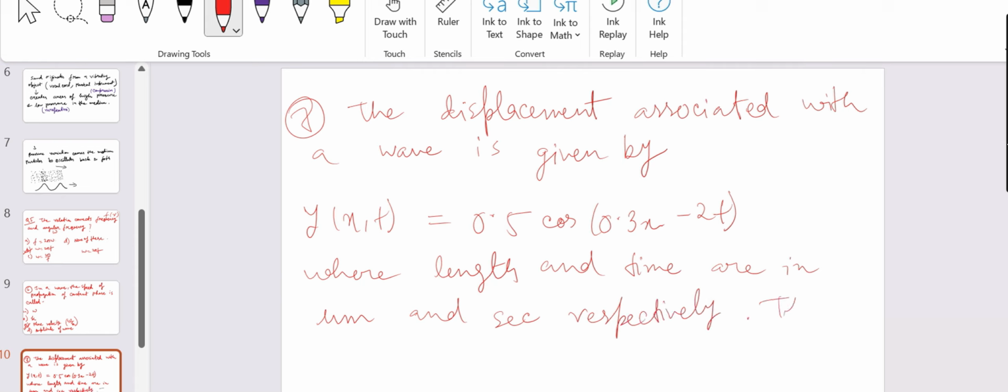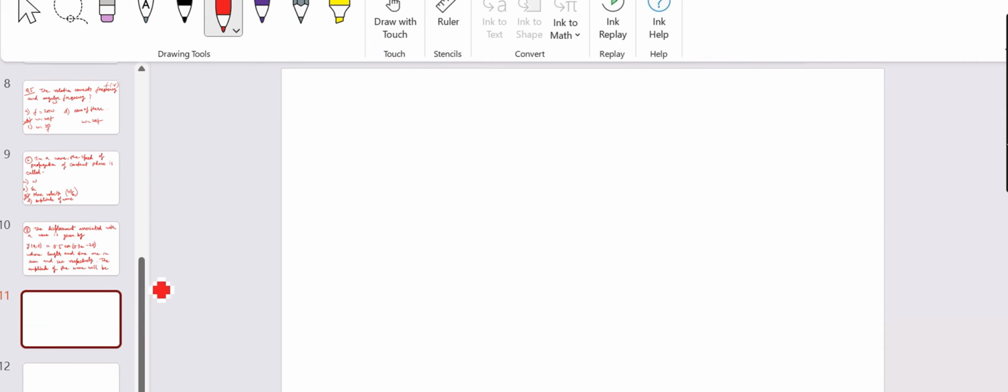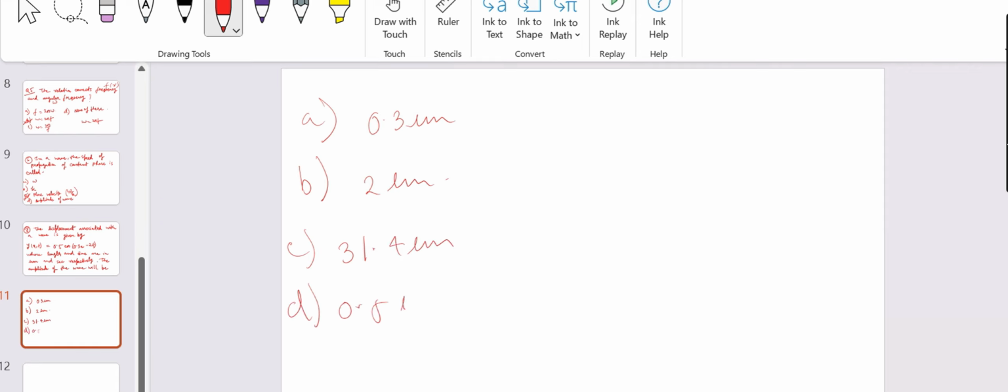The amplitude of the wave will be: option A, 0.3 micrometer; option B, 2 micrometer; option C, 31.4 micrometer; option D, 0.5 micrometer.